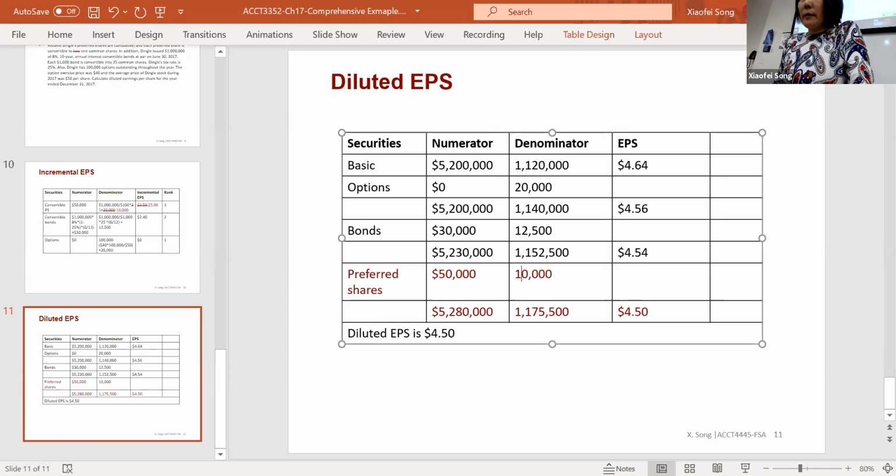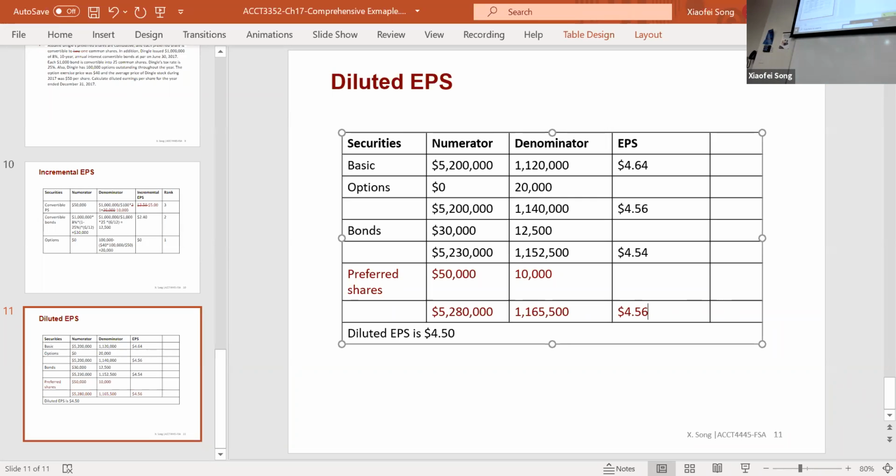So it's 10,000, and this will be 1,165,000. Now, no change in numerator, only change in denominator. Then the earning per share here will become, I don't trust it, but I think it's 5.56.